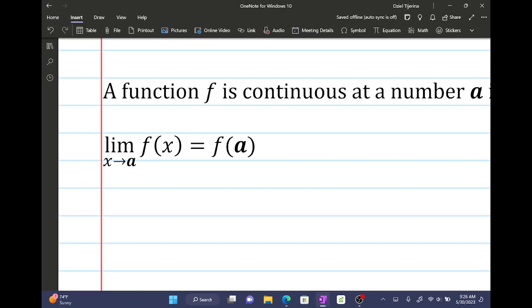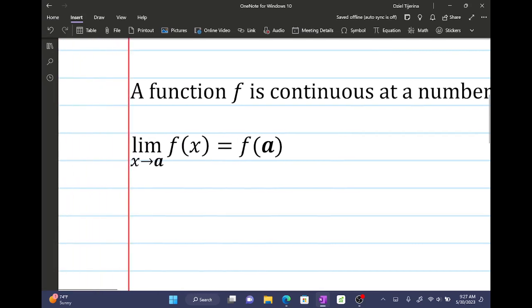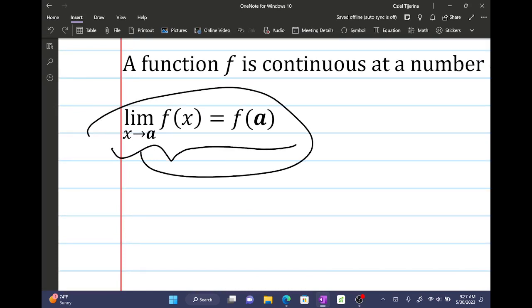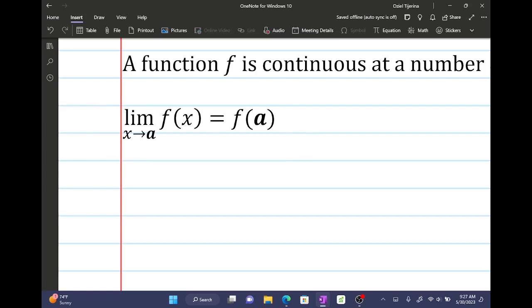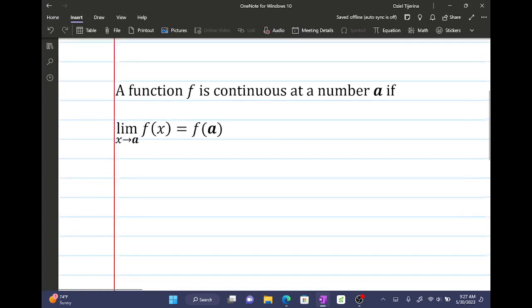But what I'm trying to say here is that limits play into continuity, but I don't want anybody to think that every limit that you take is equal to this, because sometimes that's not true. So basically, this is the definition of continuity.